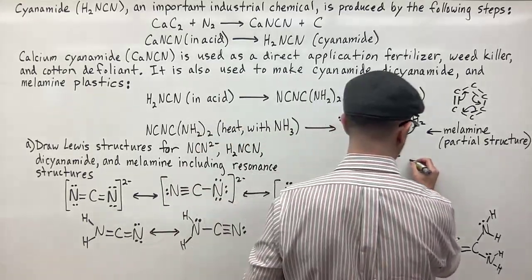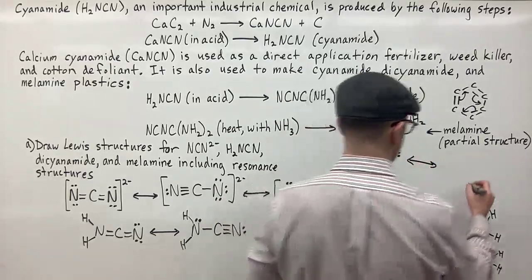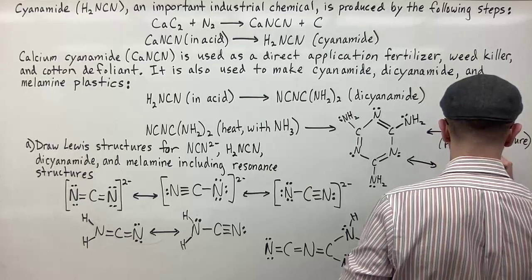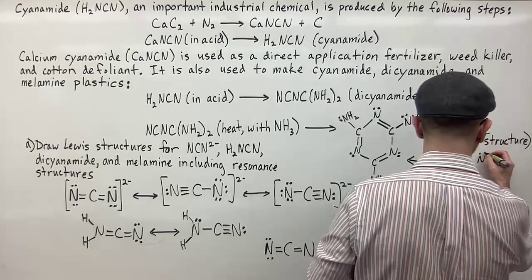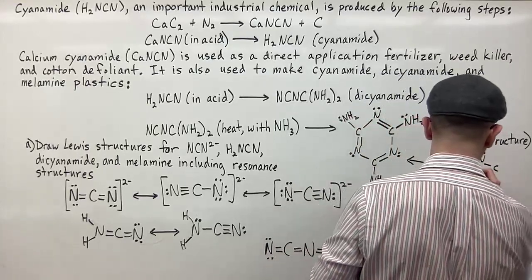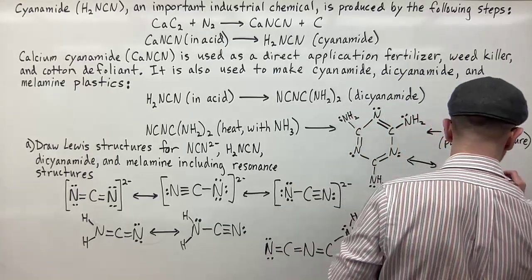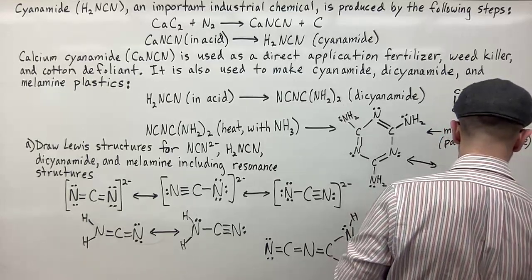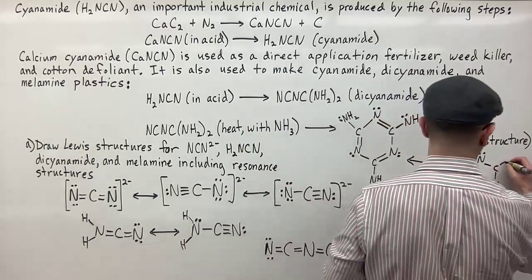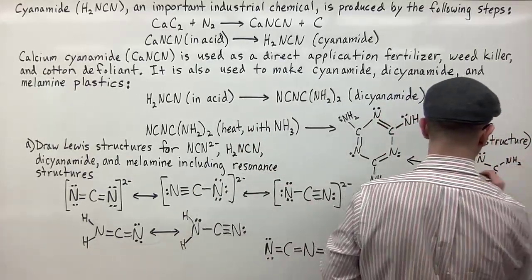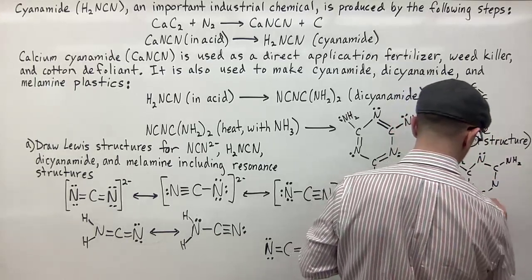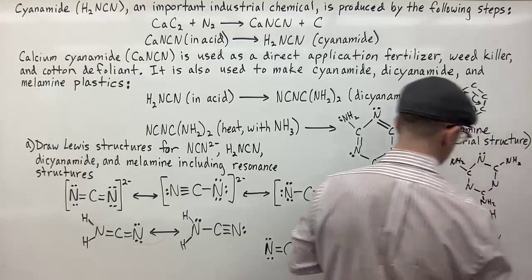So another possible structure would have the bonds in a different spot, right? So let me see if I can create another one smaller. So I'll give myself some room here. So here I have the nitrogen, and then I have carbon, carbon, nitrogen, nitrogen, carbon, and then you have the NH2, NH2, NH2.